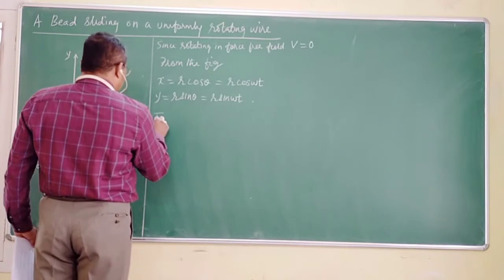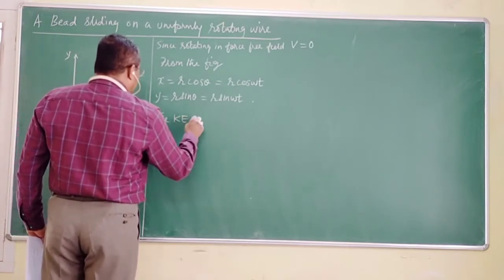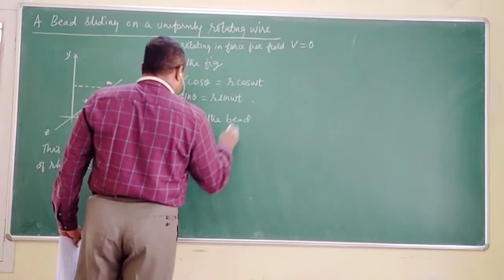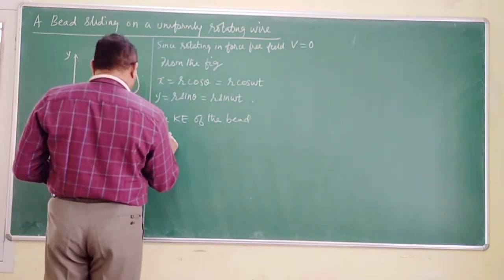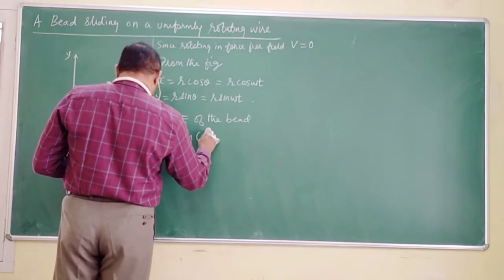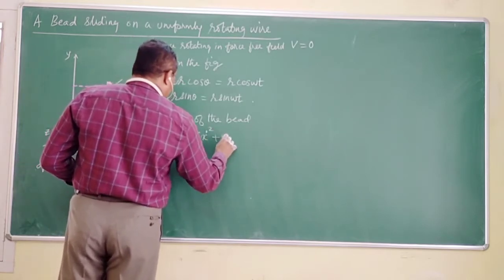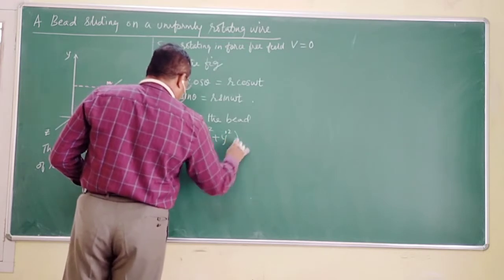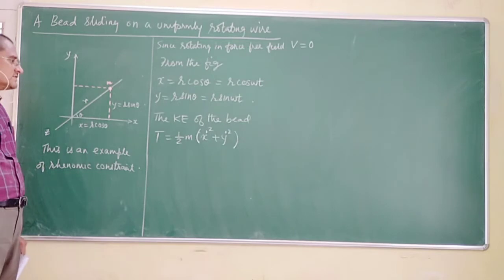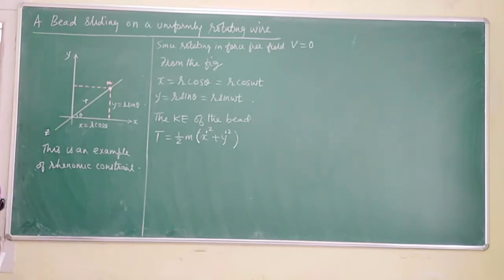Therefore, the kinetic energy of the bead, this is T is equal to half m times x dot square plus y dot square. This must be the kinetic energy. And we don't have expressions for x dot and y dot.